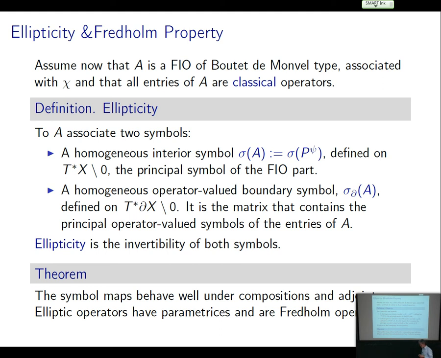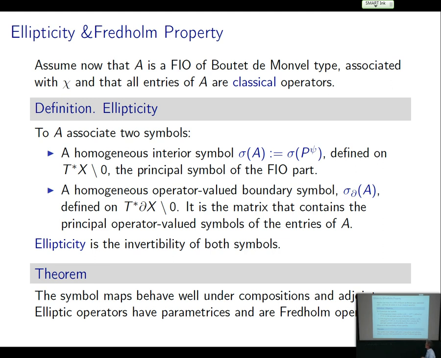If you know Hörmander's theory of Fourier integral operators, already the principal symbol is no fun to explain. In our case, the homogeneous interior principal symbol we define in the same way as Hörmander, just by going to the pseudo-differential part and saying this is it, because all the other operators do nothing in the interior. They're smoothing in the interior.